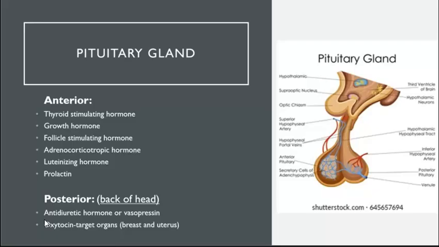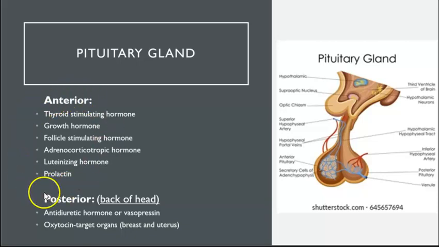Oxytocin is what gets stimulated to release breast milk, but it is also our love hormone. Anytime that you meet new people and have an automatic bond with them, you're releasing oxytocin. We will be touching on that posterior pituitary gland with the ADH.